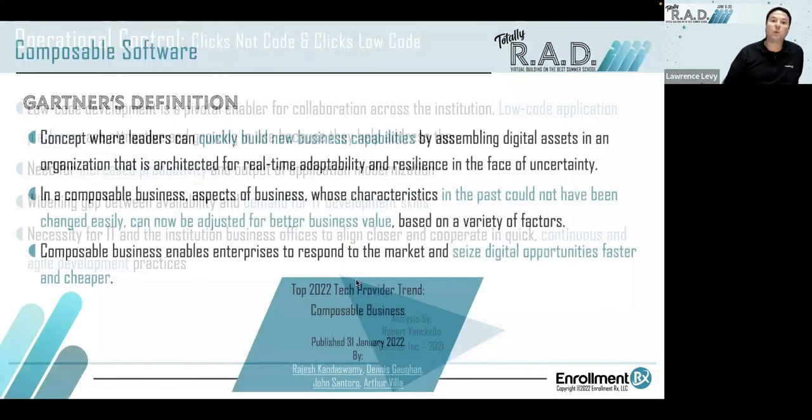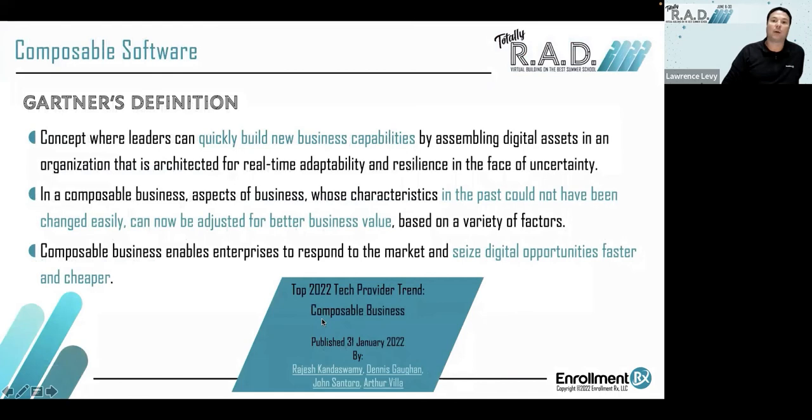In 2022, Gartner starts talking about what they call composable business and composable software. Composable software, they define as the idea where leaders can quickly build new business capabilities by assembling digital assets that in the past could not have been changed easily, but now they can be adjusted for better business value. So, hey, we created a new program at our institution.